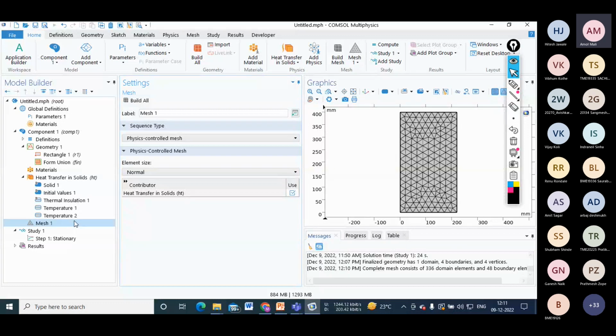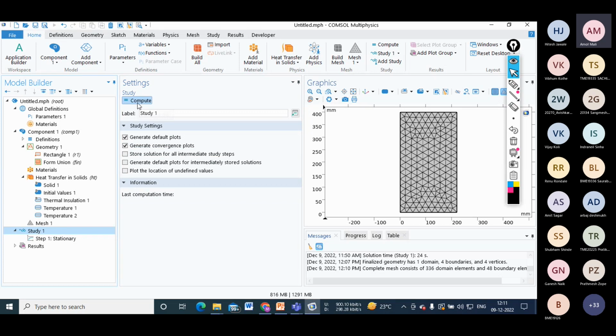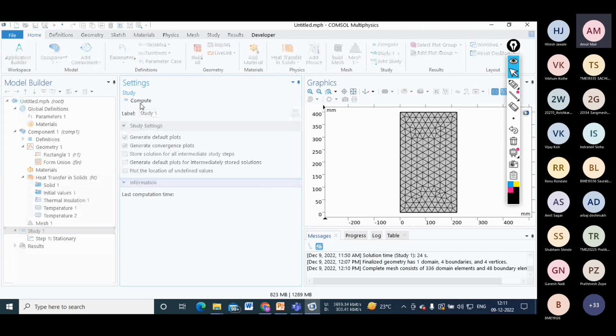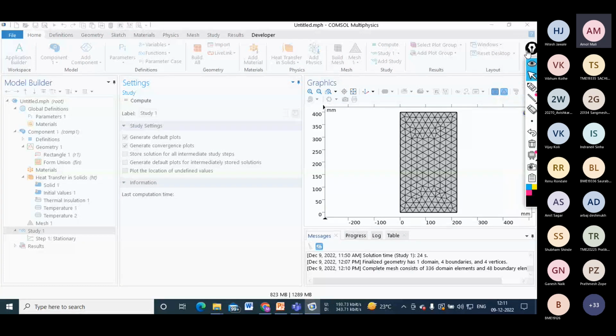Okay, so यहाँ पर देखो meshing, then meshing हो गया, then you have to click on study. Which study we have selected? Stationary, and then you have to click on compute. So actually this is a numerical method based software.